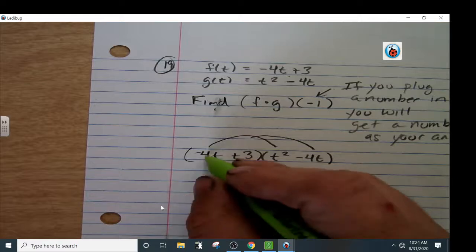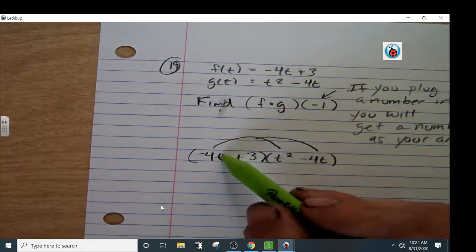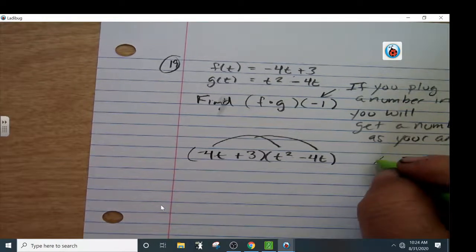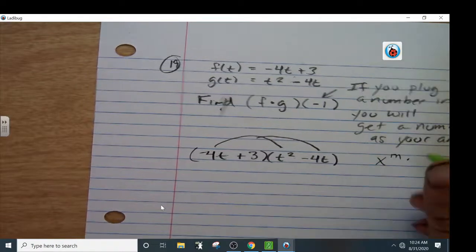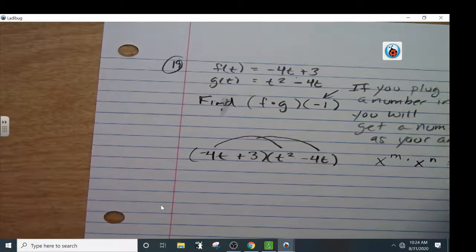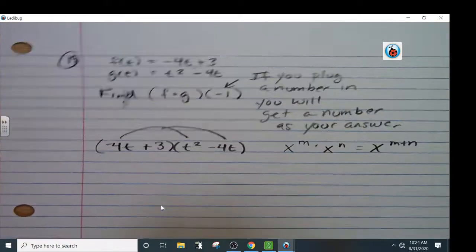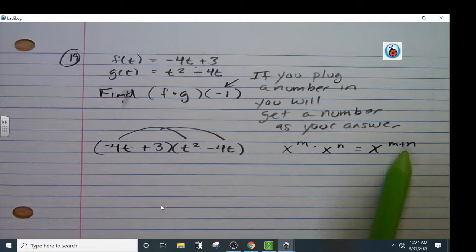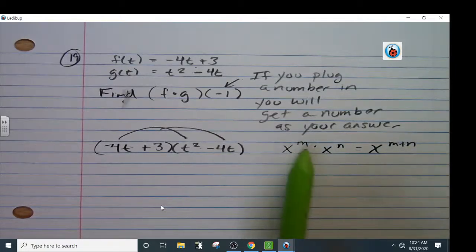So if I multiply that, now guys, what do I do with exponents when I multiply? Does anybody remember? Let me write that rule out for you. If you have like bases, and you multiply them, all you do is add their exponents. So you just take the exponents and add them.